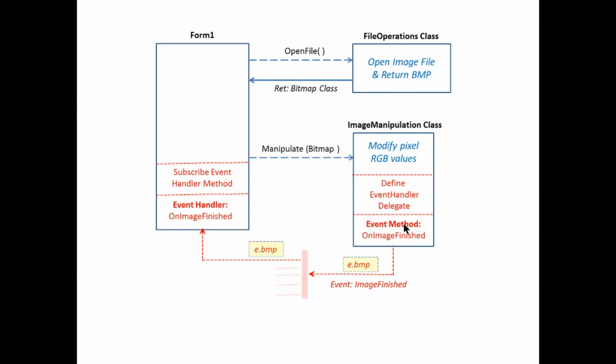Well, as we mentioned before, this event can be not just an event notification, it can also have an argument called event args that passes some information. In this case, the information will be the location of this modified bitmap. So not only will we send out an event notification, hey, I finished modifying, but also here is the location of the bitmap that you can grab and then populate this picture box with it.